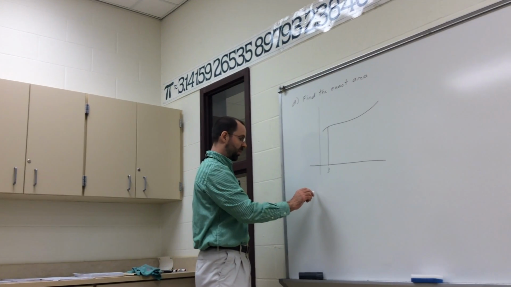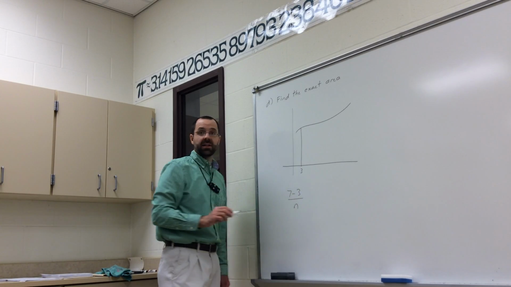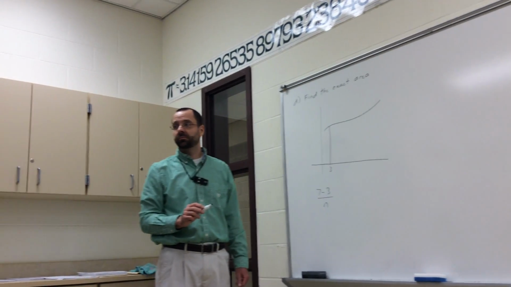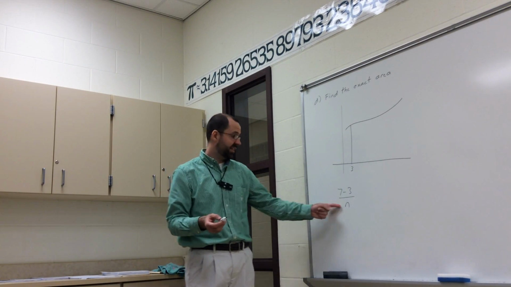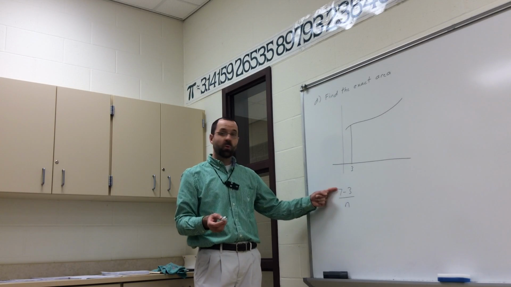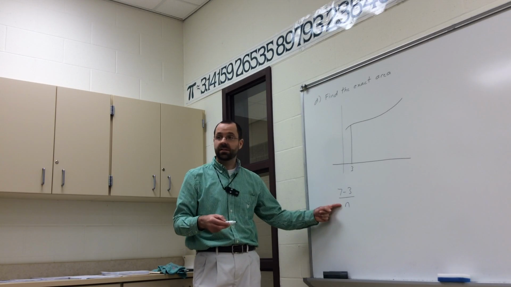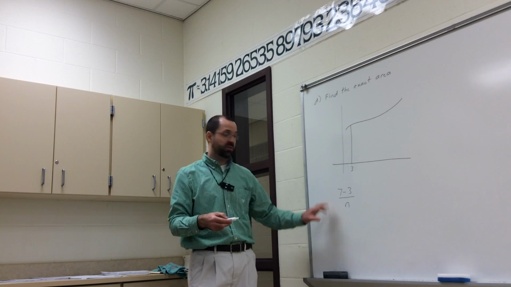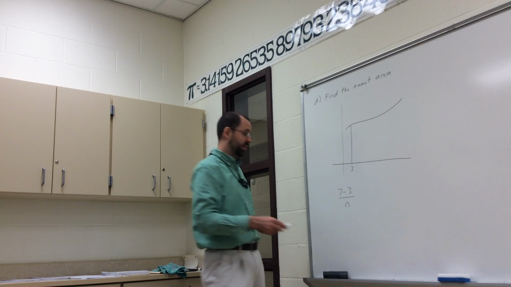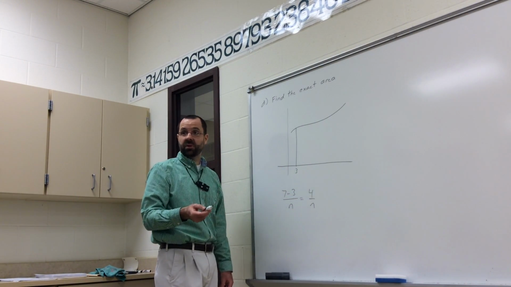If I want to find the width of each rectangle, I need to take 7 minus 3 and divide it up into n equal parts. For example, if n was 16, then this would be 4 divided by 16, and the width of each would be a fourth. Or if this was 8, then it would be a half. So this is just a formula for finding the width of each rectangle. 4 over n represents the width of each rectangle.